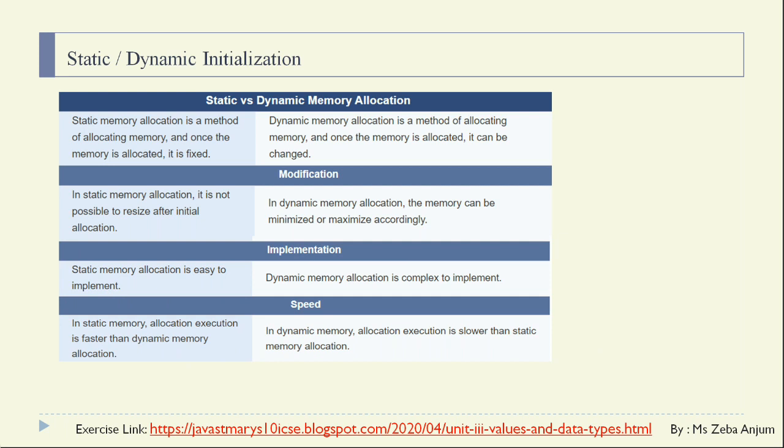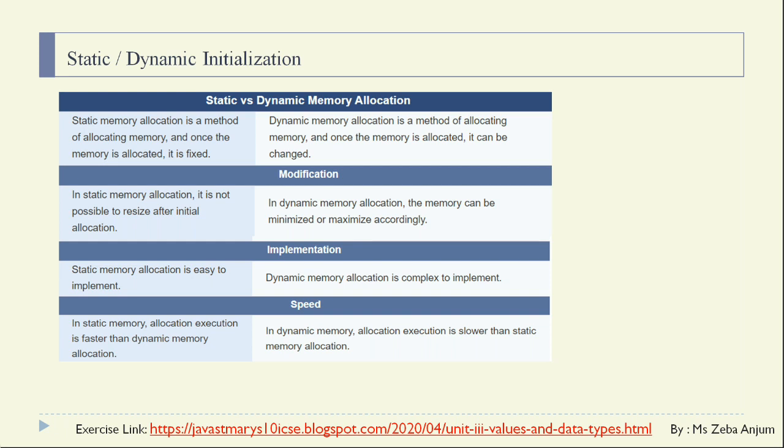Yes, because only when we are executing our program does it have to do every other task while executing. In static memory, you are giving int a equals 10, so it means we have an integer variable holding the value 10.